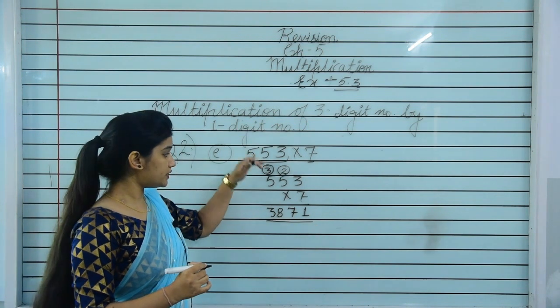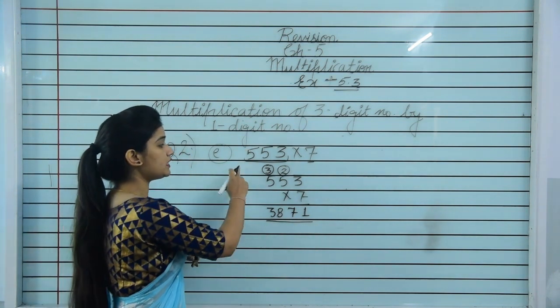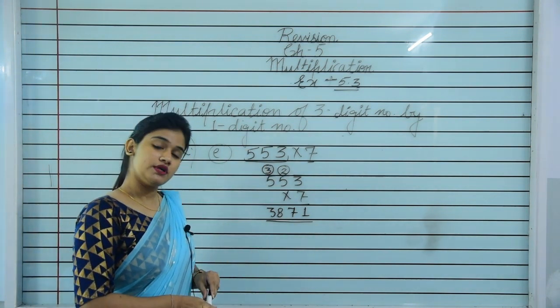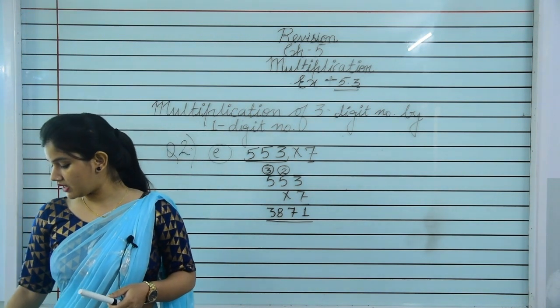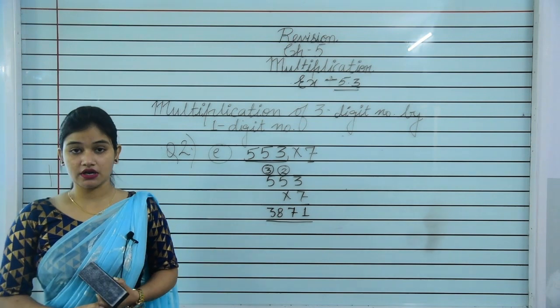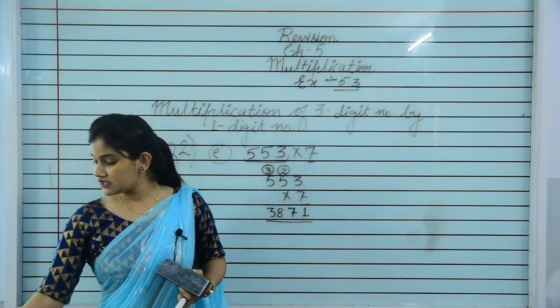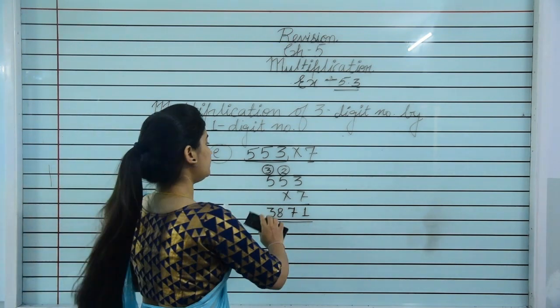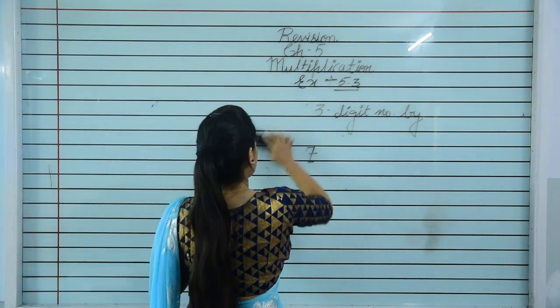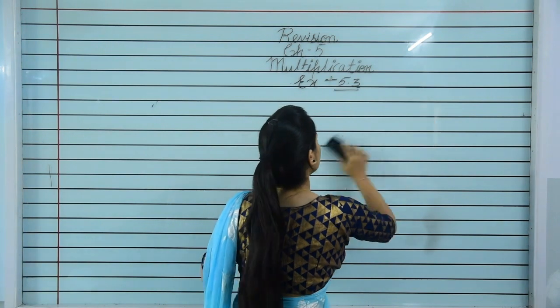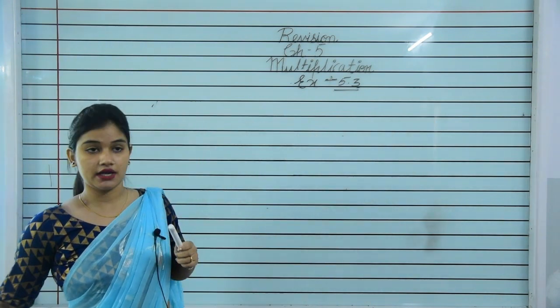3871. So students, in this way you can multiply a 3-digit number by a 1-digit number. Understood, students? Now we see the next topic, and the next topic is on page number 60. Multiplication by 10, 100 and 1000.